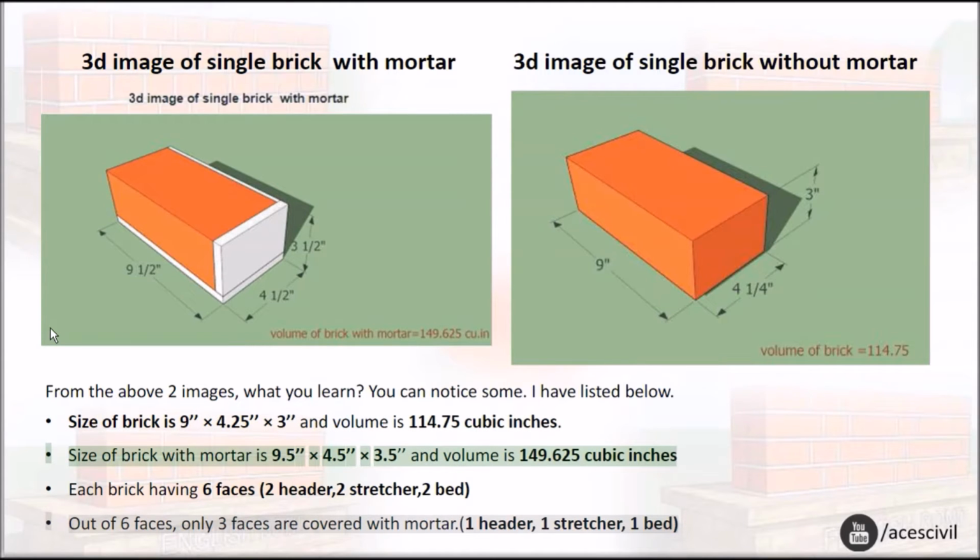Size of brick with mortar is 9.5 x 4.5 x 3.5 and volume is 149.625 cubic inches. Each brick has 6 faces: 2 header, 2 stretcher, 2 bed.